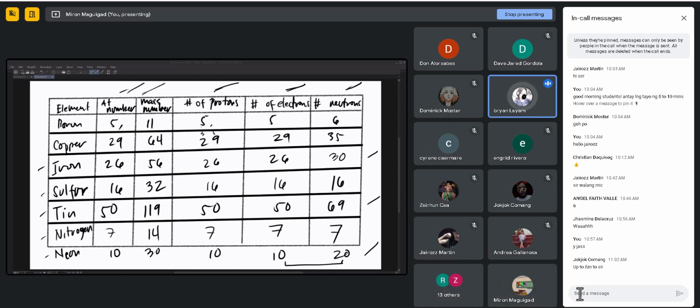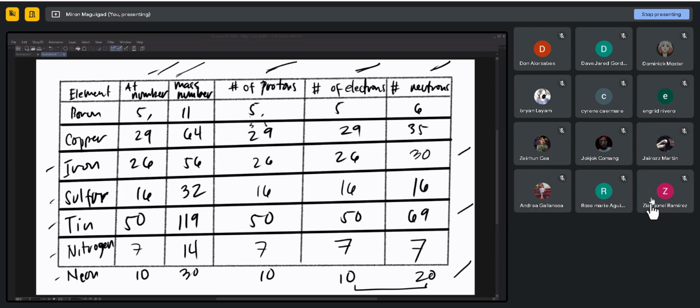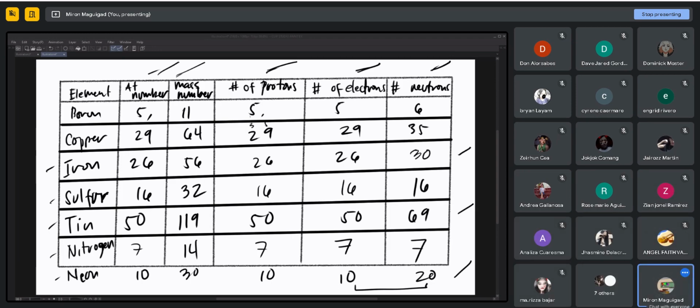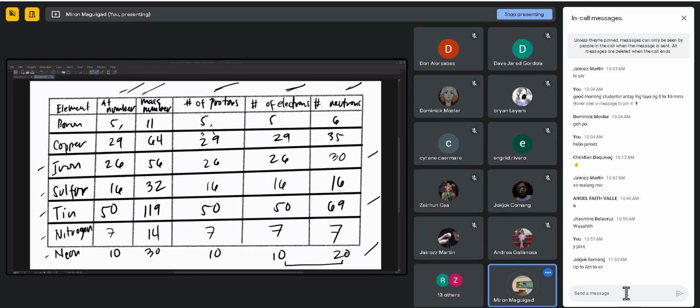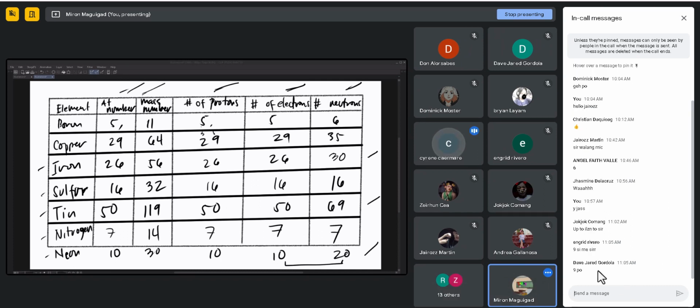Di ba meron tayong parang chat dito sa Meet. Send nyo lang score nyo. Siren. Ano po ulit yung mga chechekan? Iron, tin, tapos neon. Pakilagay na lang yung score tapos screenshot ko. Thank you. I-record ko po.